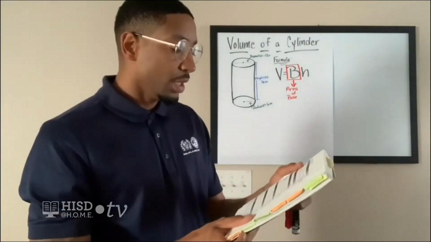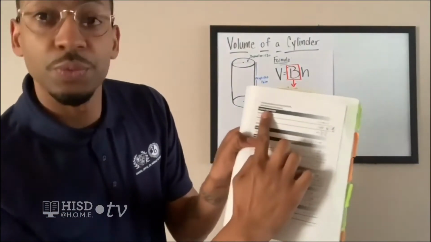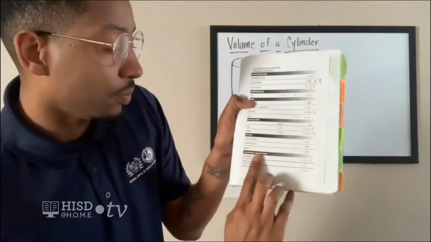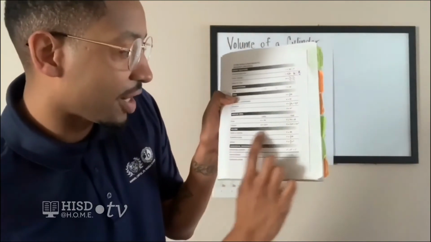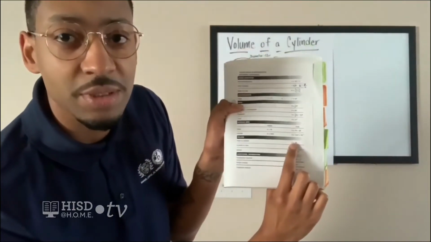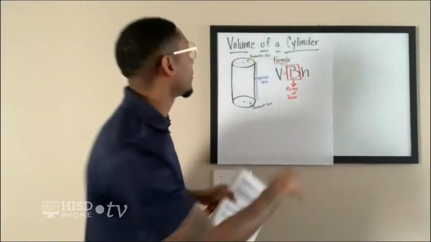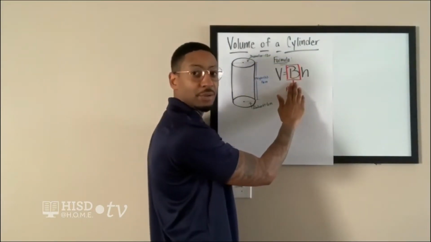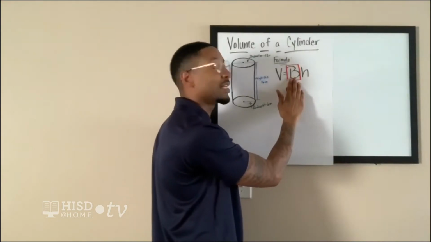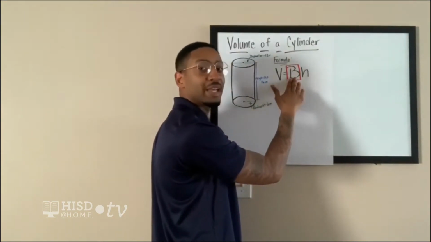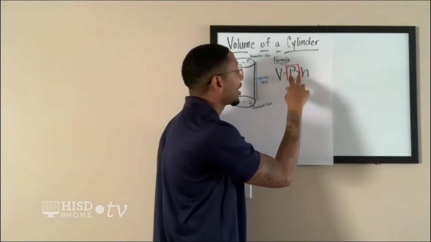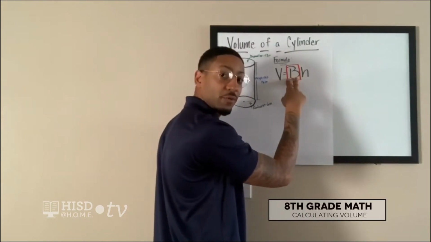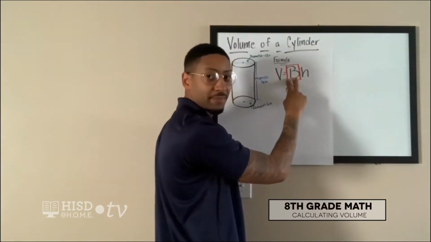So when I go down to volume of a cylinder, it says V equals BH. The B is a capital letter. When it's a capital letter, that means we have to insert another formula into its place.